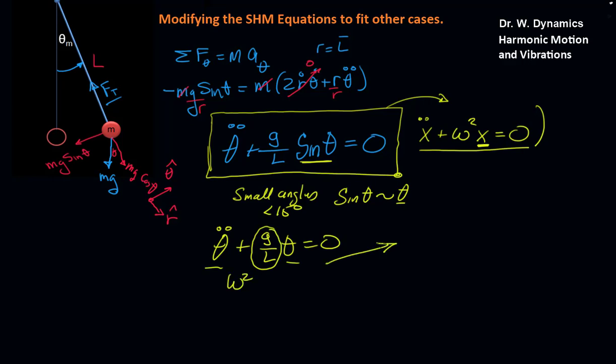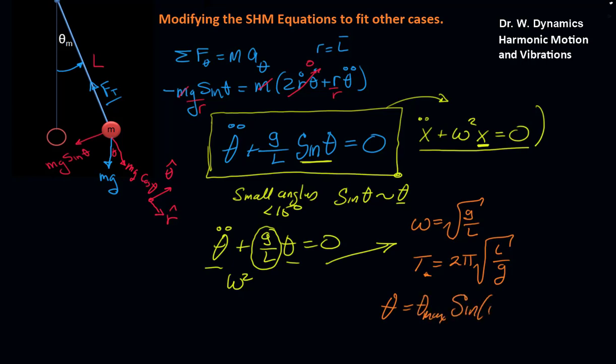Immediately we can say then that omega is the square root of g on L, the period is 2 pi square root of L on g, which is the accepted period for a pendulum, and the motion could be defined as theta is equal to theta max sine of omega t plus phi.